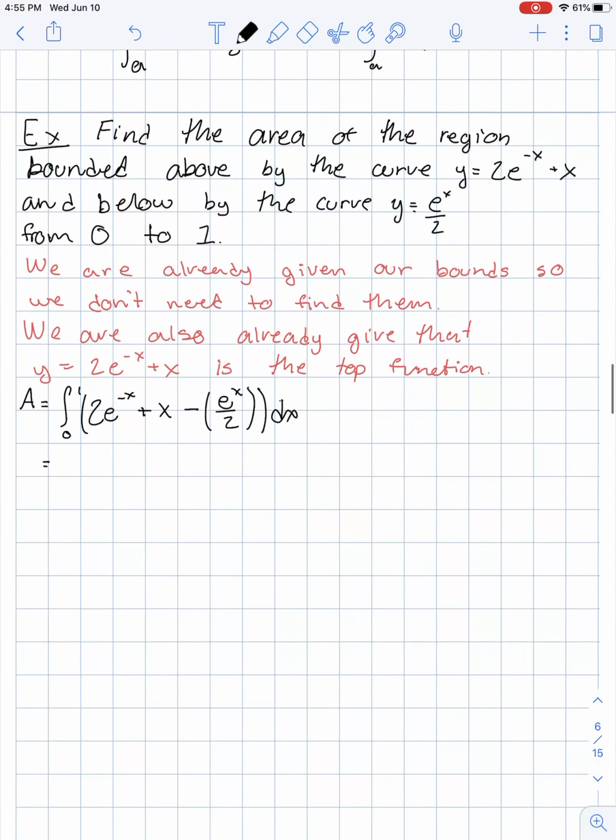Okay, so I usually like to distribute my negative first and also combine any terms if need be. I don't think I can combine any terms right there, so I think we're pretty good. All right.